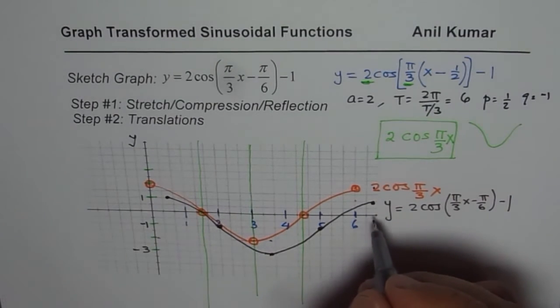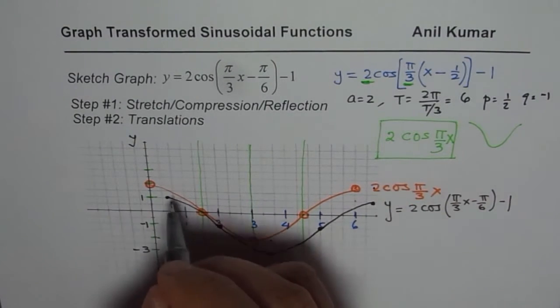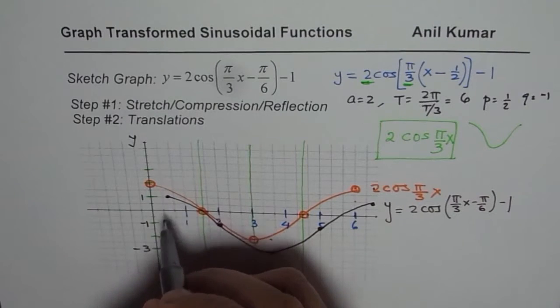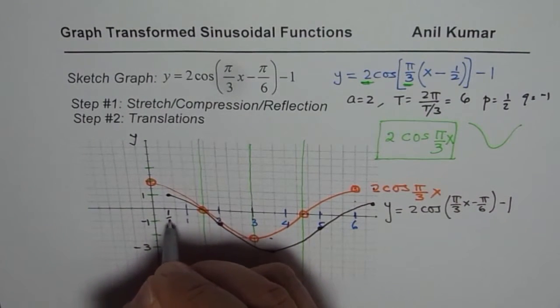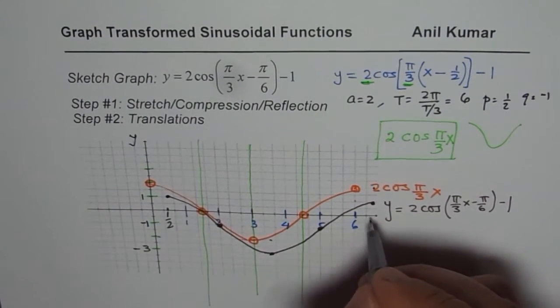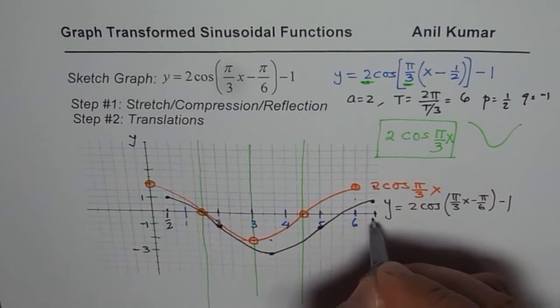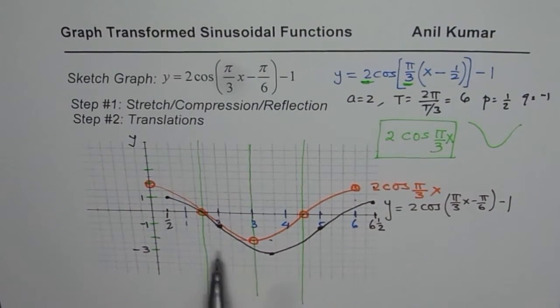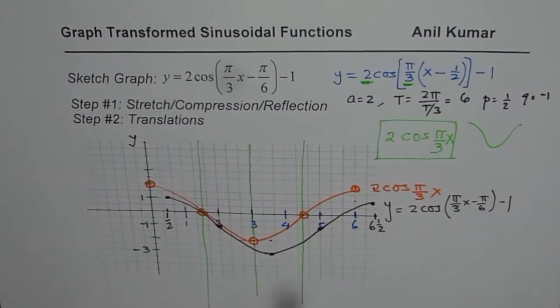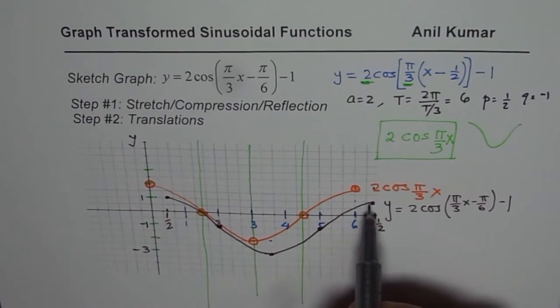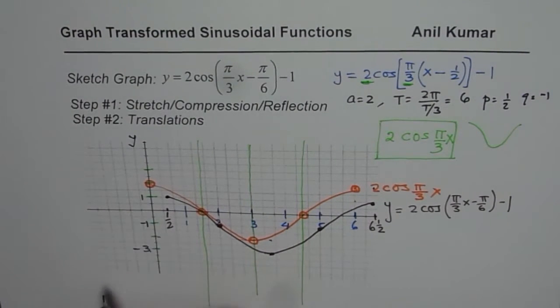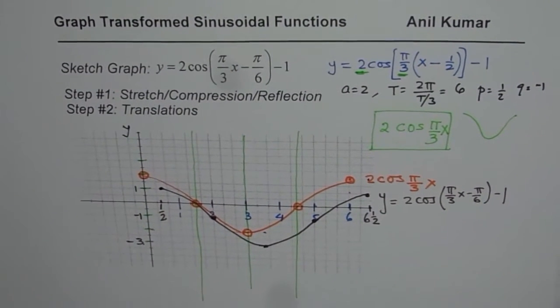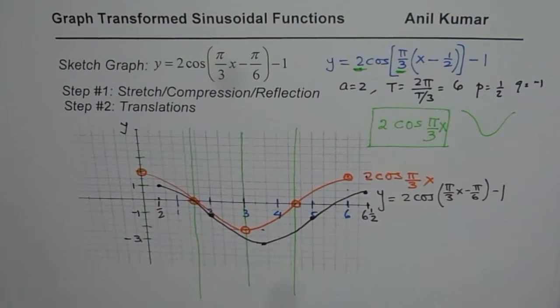And of course, you can write down what this point is. This is half for you, starting. And it ends at 6.5. So that becomes the domain of one cycle. As far as the range is concerned, it goes from −3 to 1, right? So that is how you can neatly sketch a graph of a cosine function given in this form.